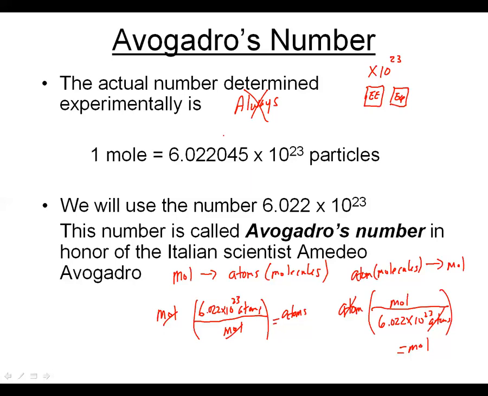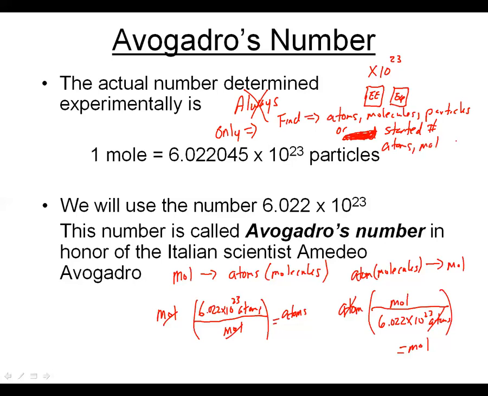The only time you should use Avogadro's number is in a case where you are either trying to find a number that's in the units of atoms or molecules, maybe particles as well, or if you started with a number that's in atoms, molecules, or particles.